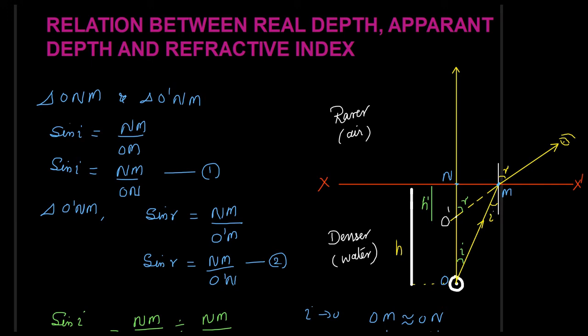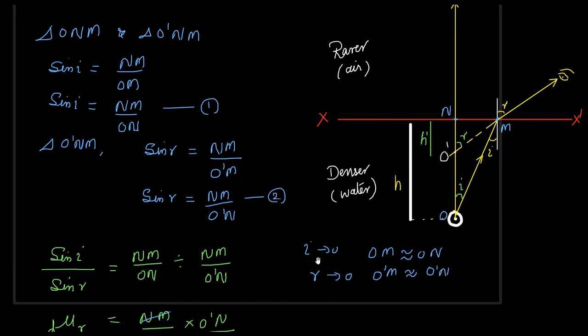For small angle approximation, OM is approximately equal to ON since the distance between N and M is negligible. Similarly, O dashed M is approximately equal to O dashed N.